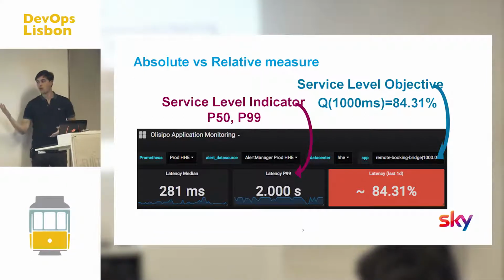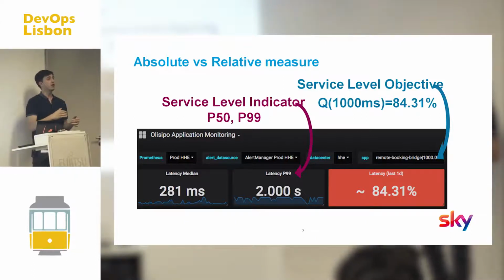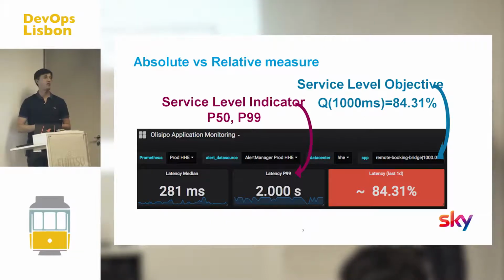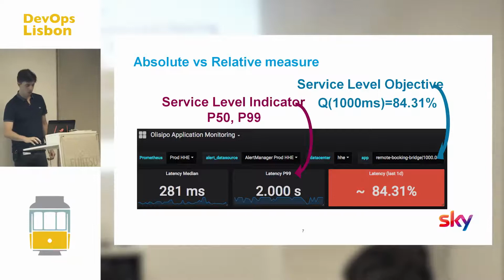So what we have been doing, and I think that has been working well enough for us, is to look at recent history data and then try to tune the service level objective. So if you are worse than you have been before, it's a good indicator that your service performance is degrading, right?